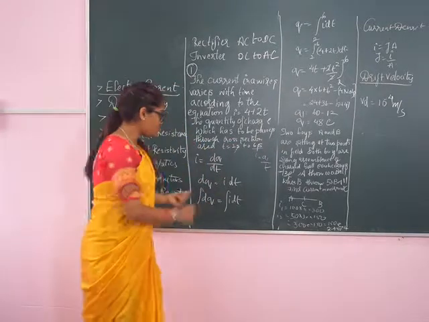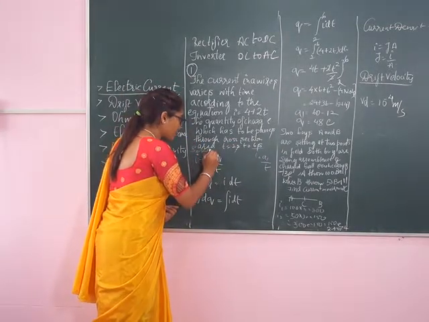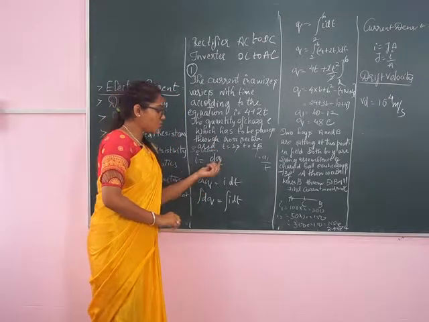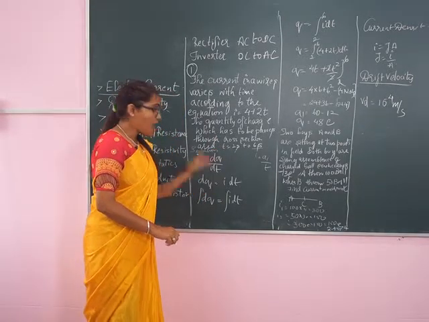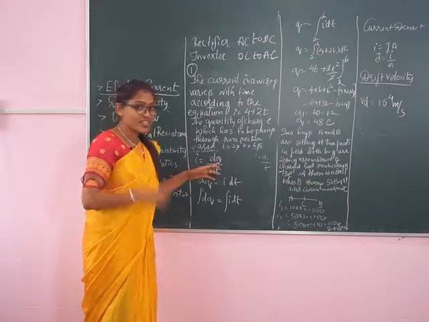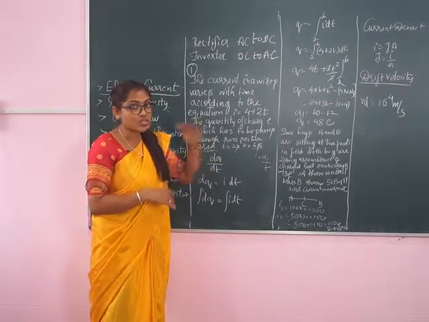So we write the solution. I = dq/dt. Now I need to find the quantity of charge flowing through the cross-sectional area.